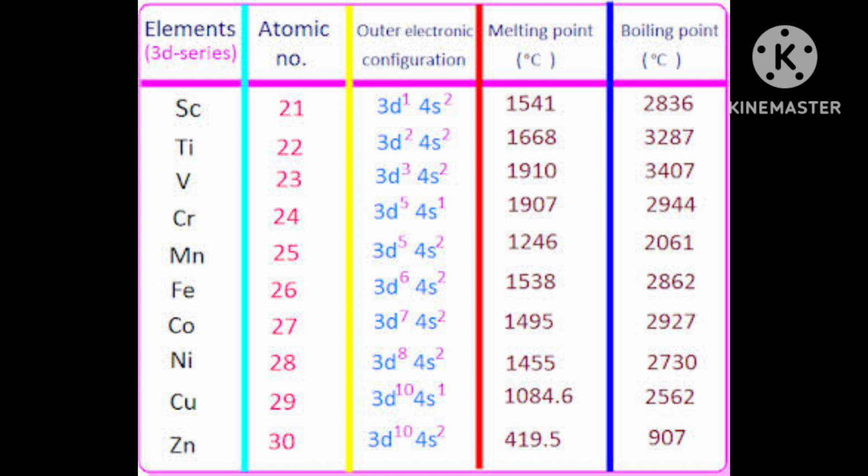Now, I want to tell you about the lattice structure of transition metals. First we should know the names, as I discussed in previous classes. BCC means body centered cubic lattice.